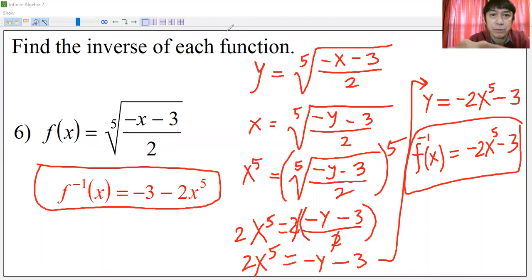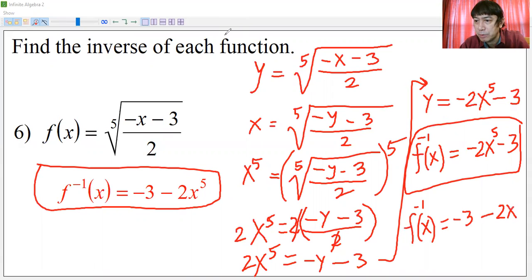So this can also be written, matching the computer's answer. We can interchange the negative 3 and the negative 2x to the 5th. Remember, that's the commutative property of addition. So this is negative 3 here and negative 2x to the 5 means the same. So that goes to our number 6.